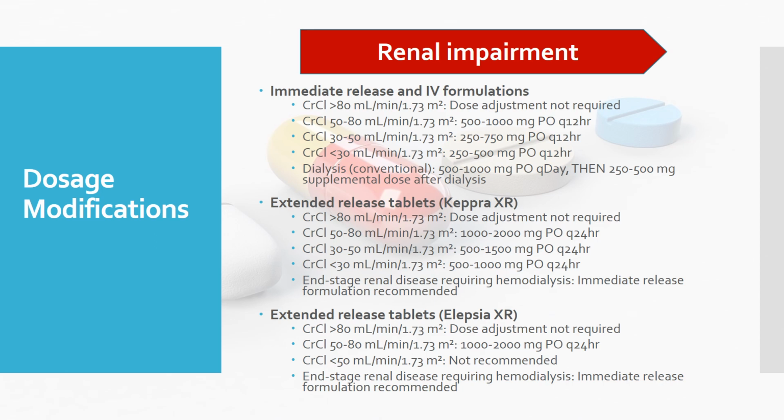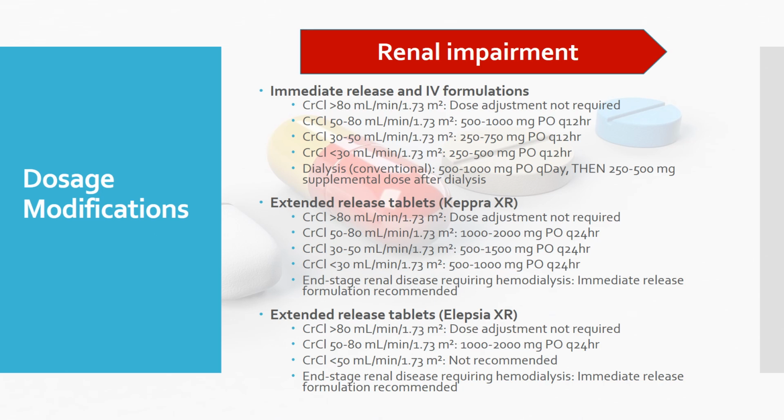For a creatinine clearance between 50 to 80, a dose of 500 to 1000 milligrams Q12 is recommended. For creatinine clearance 30 to 50, we do a dose of 250 to 750 milligrams Q12. And creatinine clearance less than 30, we restrict it to 250 to 500 milligrams Q12.